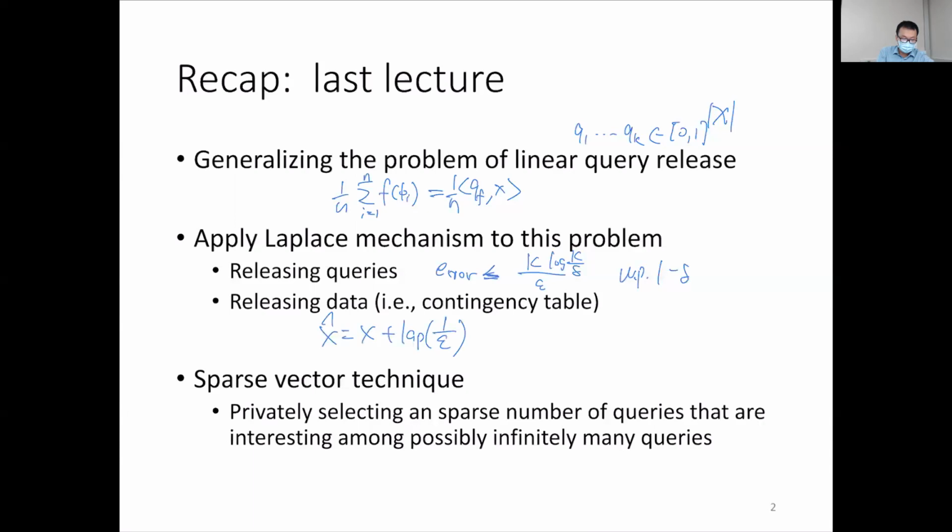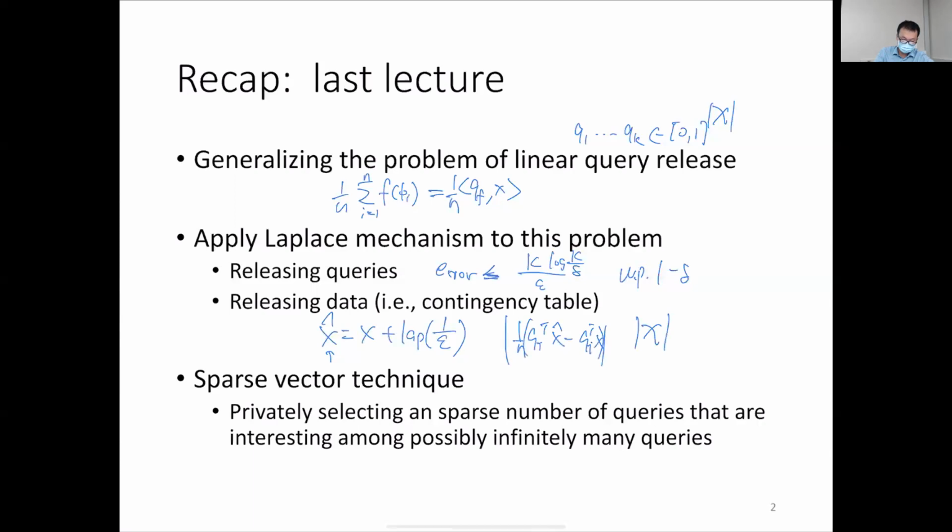On the other hand, once we have this, we still need to answer all these queries. So what we can do is to make use of this synthetic data set and then use qi transpose x hat as our answer to these questions. And by the concentration of this calligraphic X cardinality number of independent random variables and their mean, this converges to qi transpose X, right?